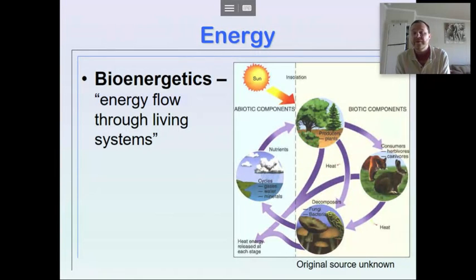So almost all energy on our planet is going to derive from our sun, unless we're talking about nuclear energy that derives from other stars, and that's planetary physics. Let's not get into that.